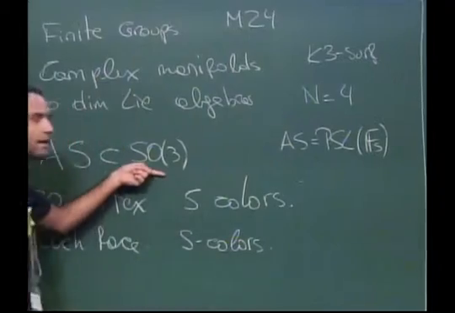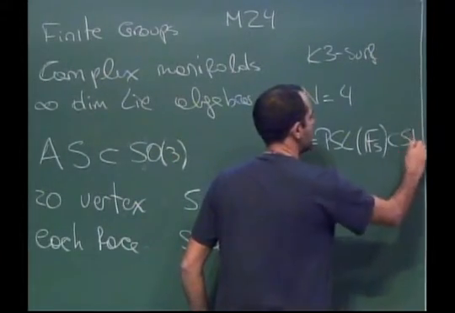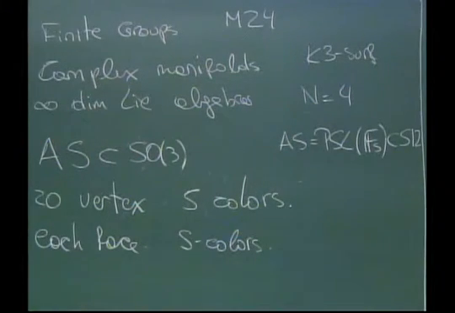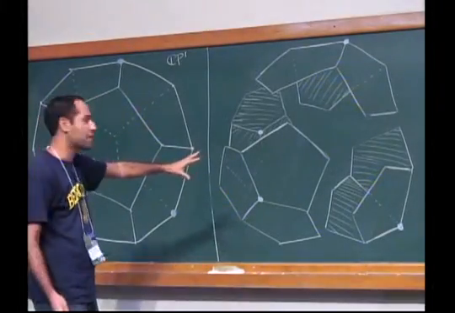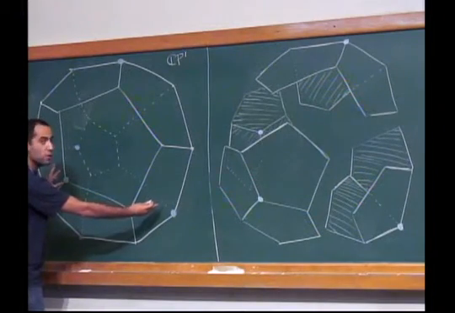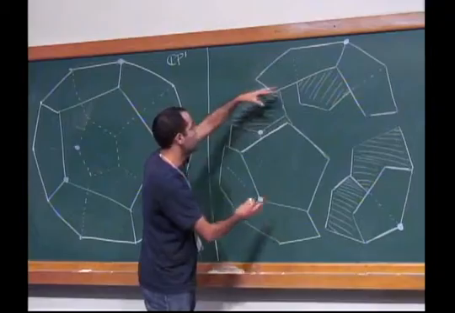instead of viewing this inside of SO3, now I'm going to enlarge this group inside of S12, by permuting the 12 faces of the dodecahedron. And to enlarge this, I'm going to use a non-geometric symmetry of the dodecahedron, which is, well, so this is a failed attempt to describe what I wanted to do, which is the following. On each of the 4 blue vertices, we're going to break the dodecahedron in 4 sets.